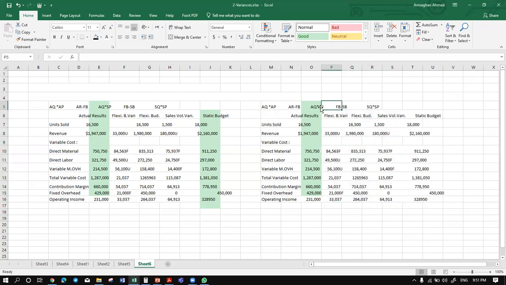Okay, fine. So if I want to calculate the static budget, the first thing I will have to do is find out the per unit, right?